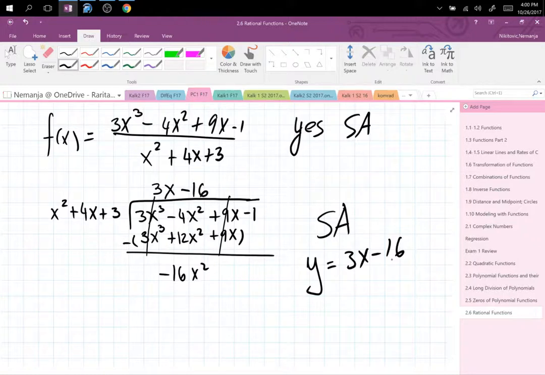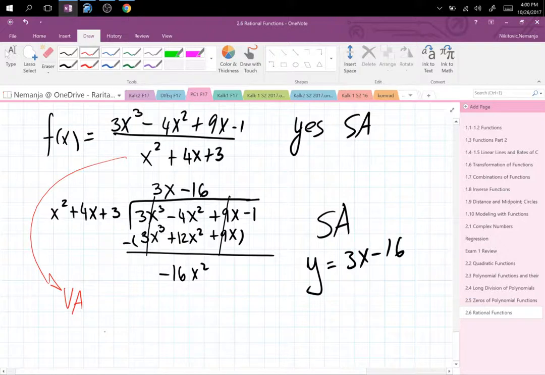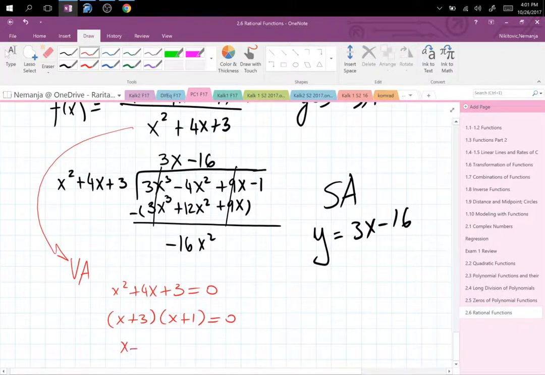For the same problem, if I push for vertical asymptotes, the denominator x squared plus 4x plus 3 equals 0 is factored as x plus 3 times x plus 1. And we have x equals negative 3 and x equals negative 1, and both of those are vertical asymptotes.